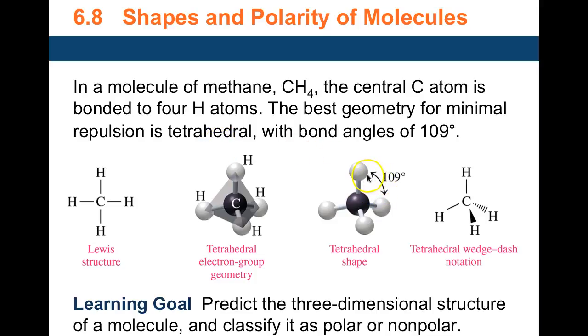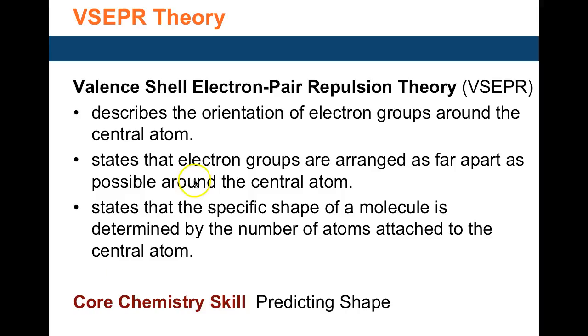The bond angle, the angle between these two bonds, is 109 degrees. So 4 single bonds, tetrahedral shape, bond angle 109 degrees. This is based on VSEPR theory, the abbreviated form of valence shell electron pair repulsion theory.